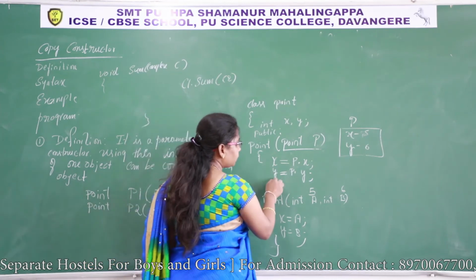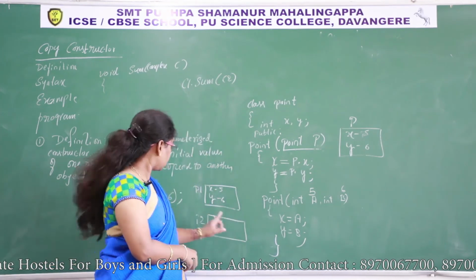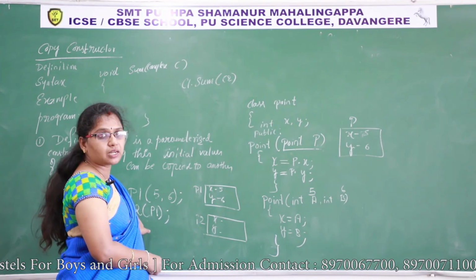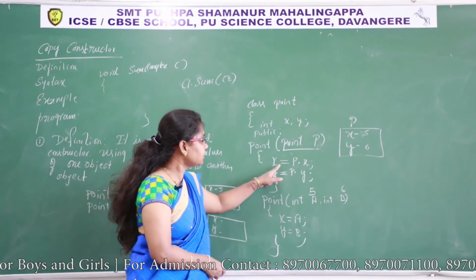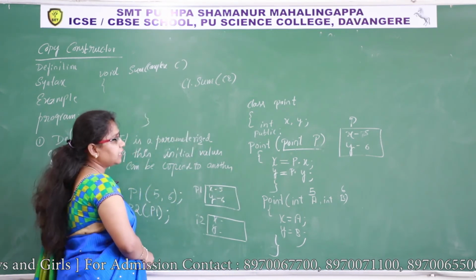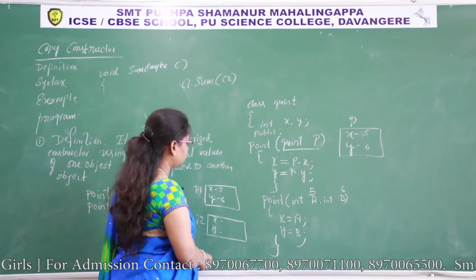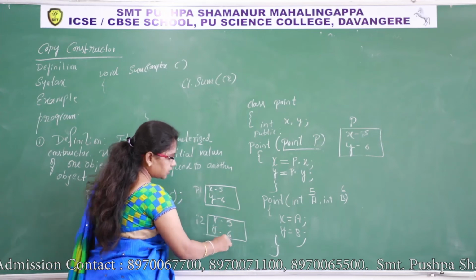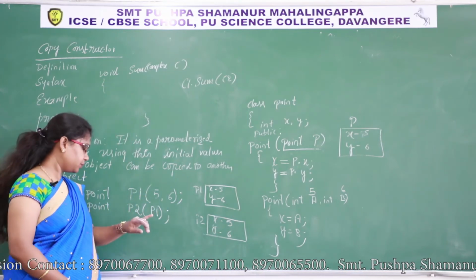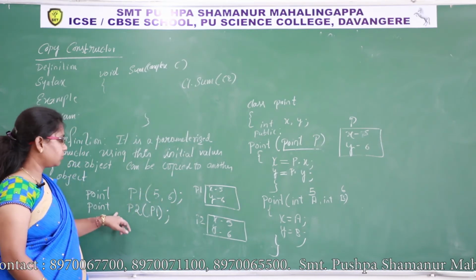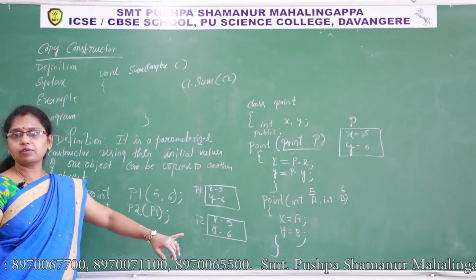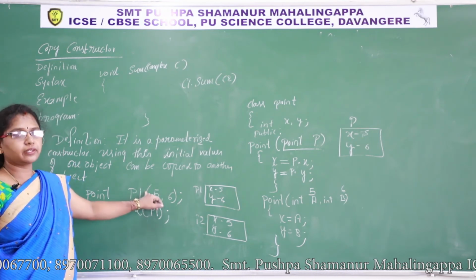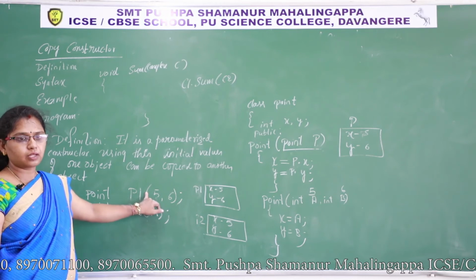If you write x and y, it means this is p2's data member. So in this way, p dot x, what is there in p? p's x is 5, and it goes to x. Whose x? p2's x, 5 and 6. So in this way we can copy the initial values of one object to another object. Are you understanding?